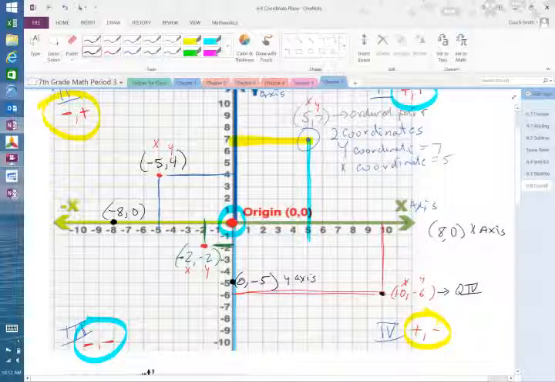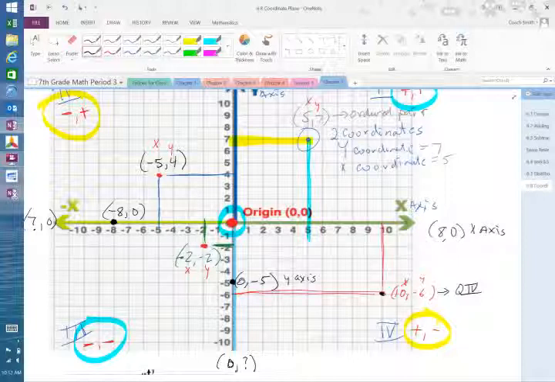So if it falls on the x-axis, its ordered pair would be 0 and whatever the point is. That's why I put a question mark. If it falls on the x-axis, it's going to be question mark, 0. Every one that falls, so if I have a point right here, -2, that would be -2, 0. -3, 0. 2, 0. 3, 0. 4, 0. 5, 0. 6, 0.